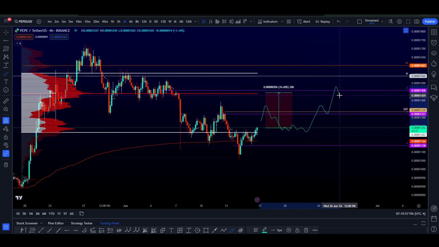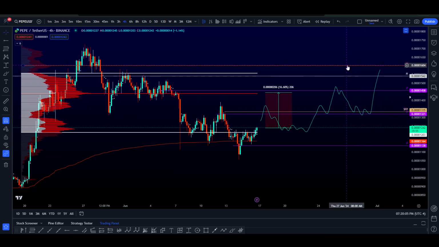And then I'll kind of expect the same thing: sweep those highs a little bit, tap the daily, come down, backtest this support area before then moving higher once again. So that's pretty much how I'm expecting price action to play out over the next few days or over the next week or two. But in my opinion, this is more bullish right now.